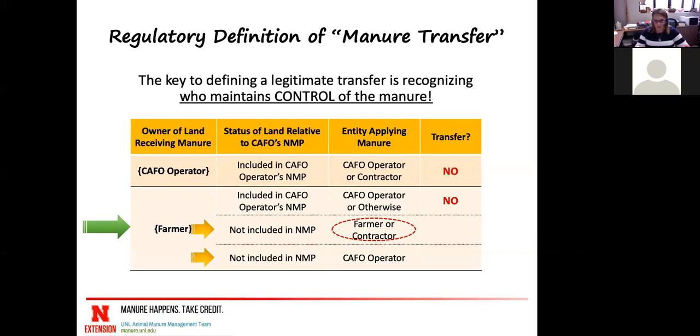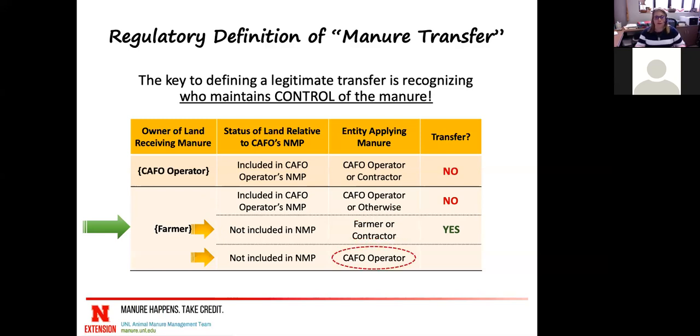So in that case, the CAFO operator technically has either sold or given that manure to the farmer or a contractor who has come and taken it from the CAFO operation, taken it to the farmer, and done the land application. So that would be a legitimate transfer of manure. So it's no longer in the possession or under the control of the CAFO operator.